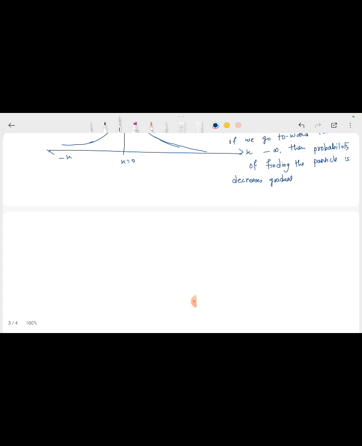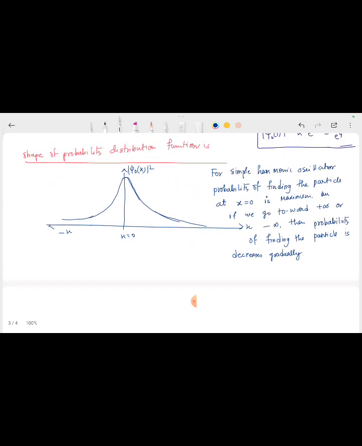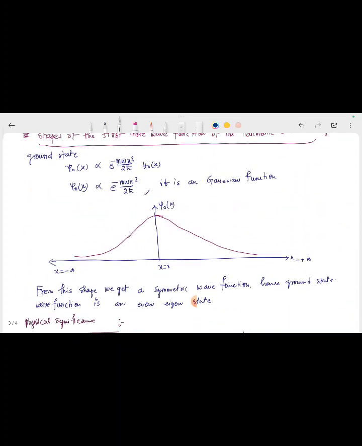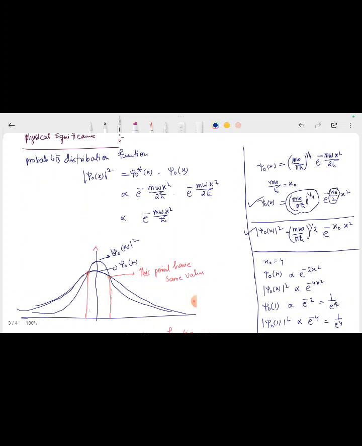Okay, so this is the physical significance of the ground state, right? We already discussed what the physical significance of the ground state is.